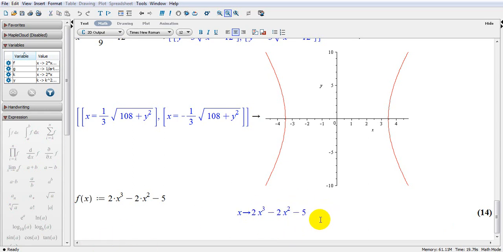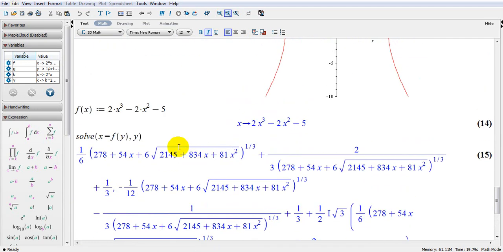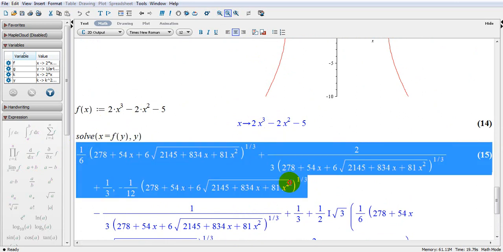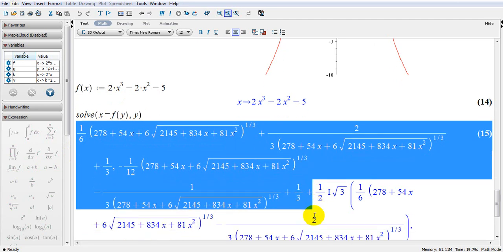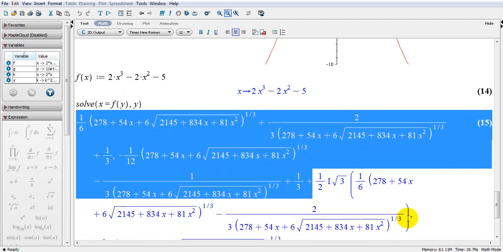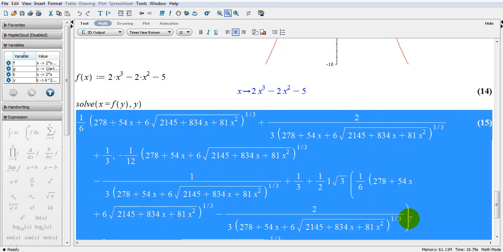In that case I use the solve command, and I would say solve x equal to f(y), comma y, and this would be the answer. Of course, it would be complex. I have three sets of answers. The first answer is this, up to here, and you can see that this is an imaginary answer.